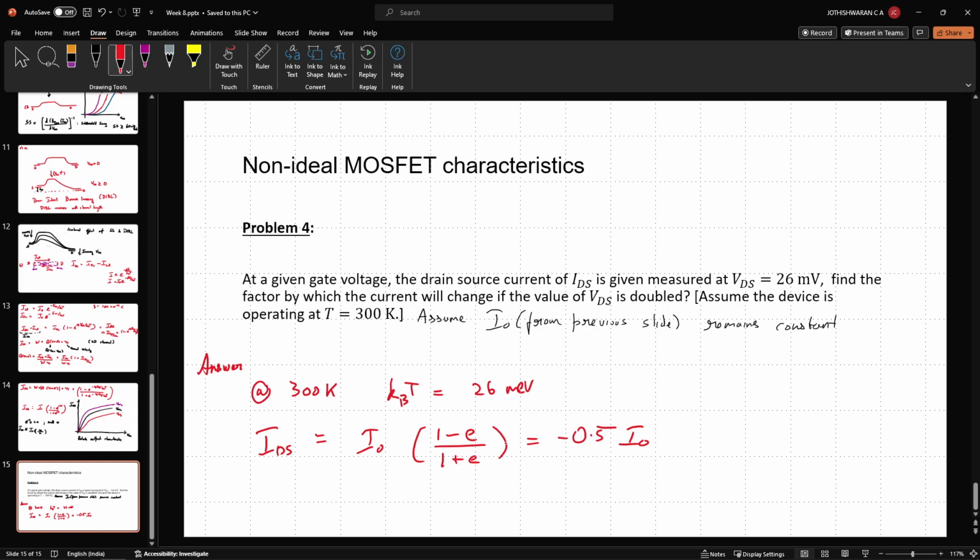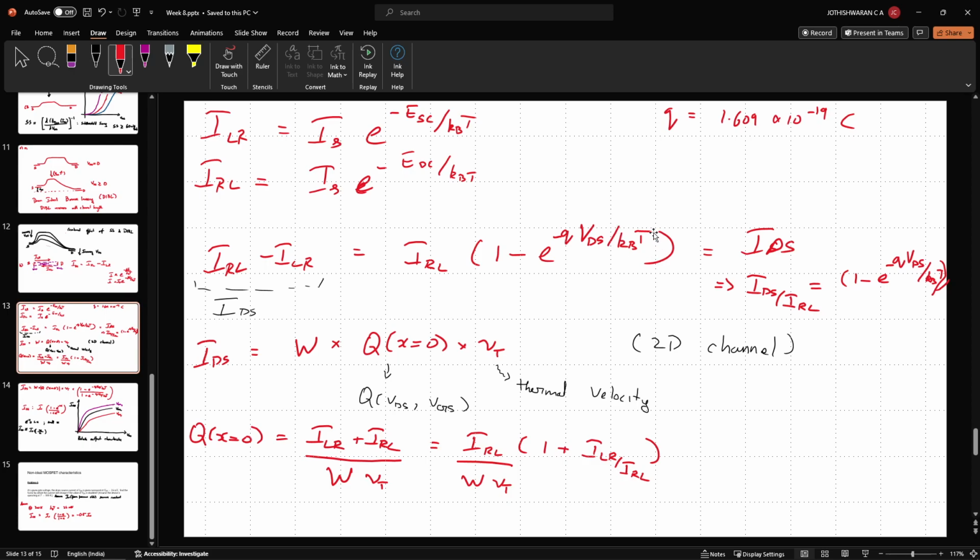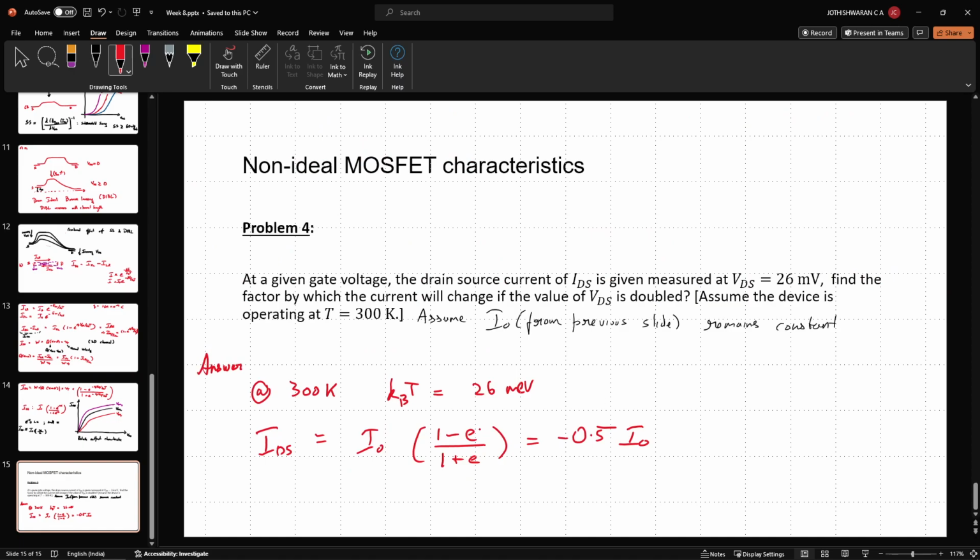The idea is to understand the spirit in which the calculation is happening. Now, when this voltage is doubled, the exponent here, oh wait, I am wrong. It is e to the power minus 1, not e to the power 1. It will be positive. So that is where the confusion came from. Let me just recheck the value. It shouldn't turn out to be negative, because for any small positive voltage, the MOSFET will give us some current.